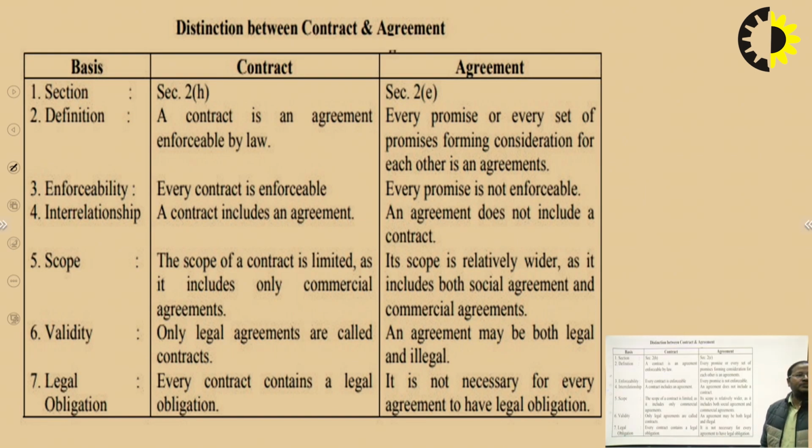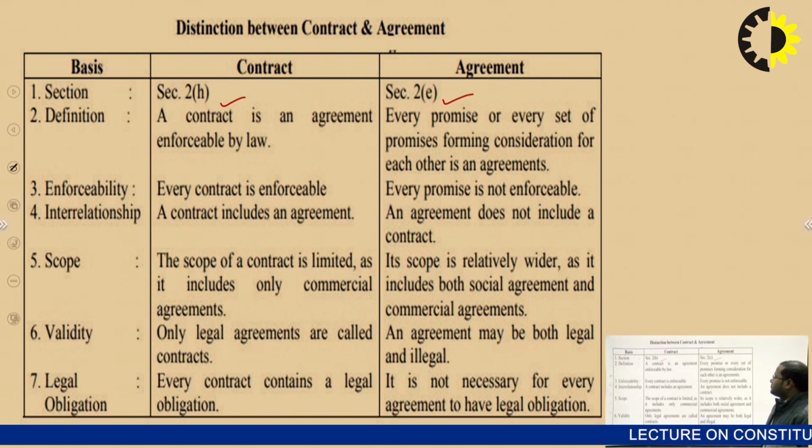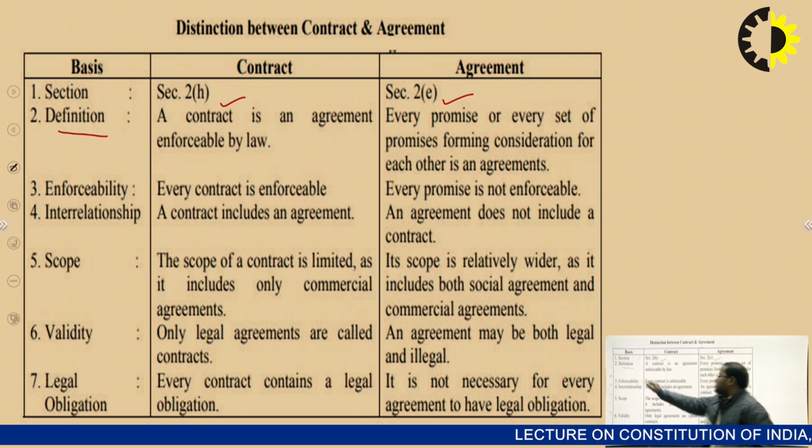Now, the difference between contract and agreement. I have taken some basic criteria to differentiate between the contract and agreement. Contract is covered under section 2(h). Agreement is covered under section 2(e). Definition: how these terms are defined.